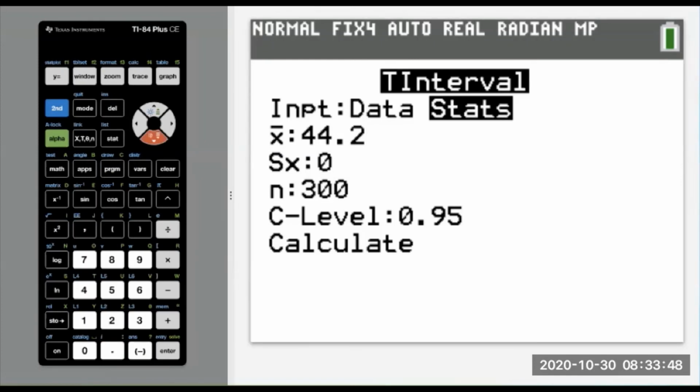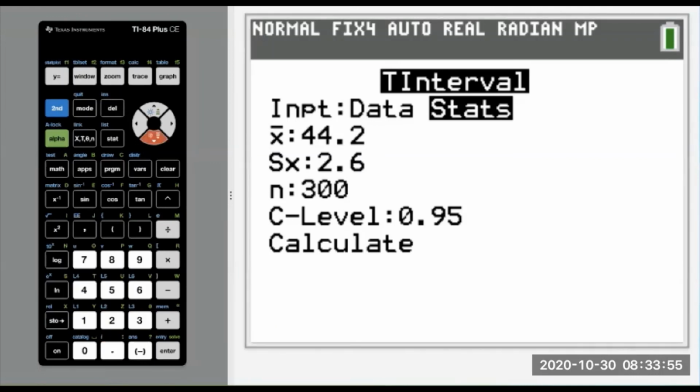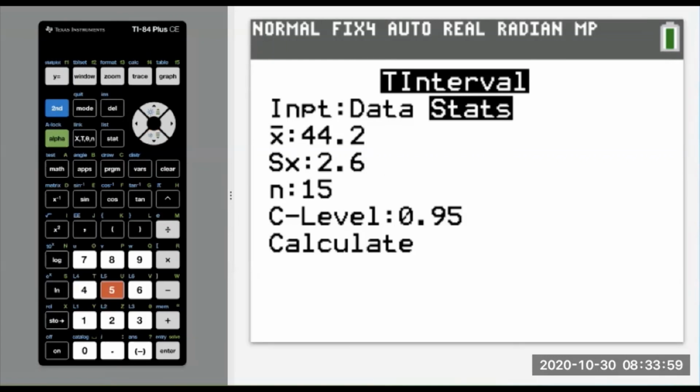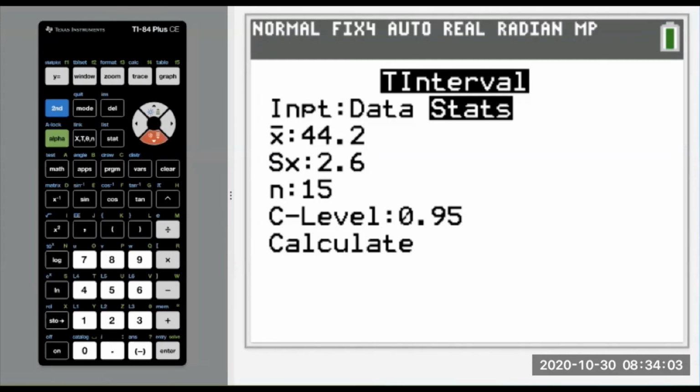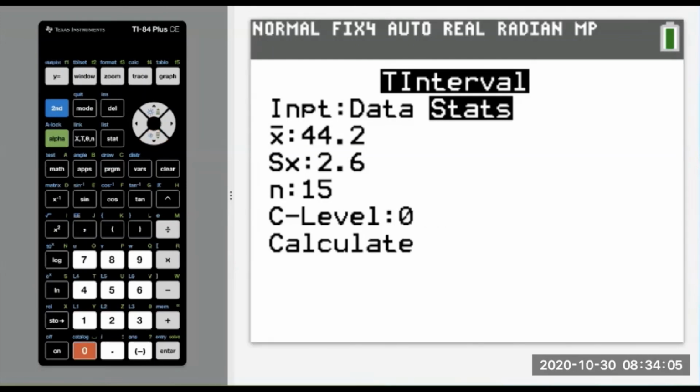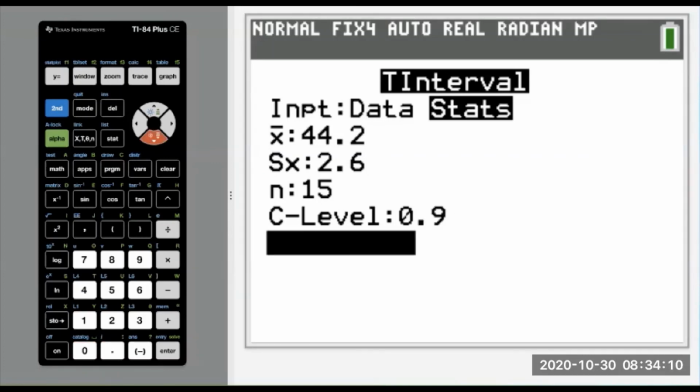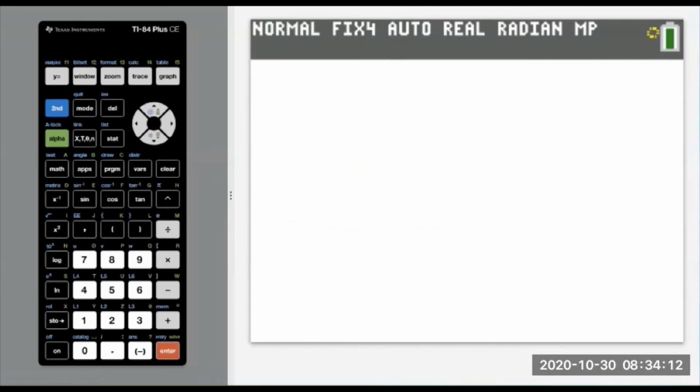It is 2.6. Sample size is given. That is a sample of 15 registered nurses. So n is 15. Confidence level is given as 90%, so 0.90. Then we select calculate and then hit enter.